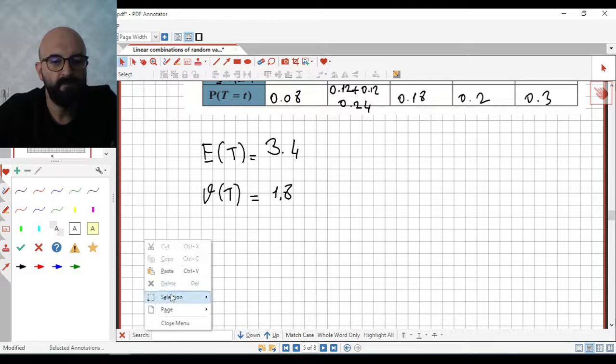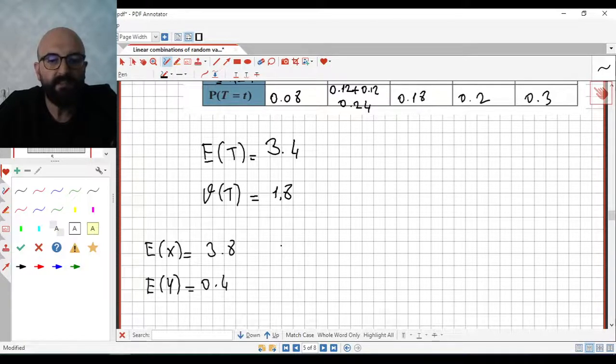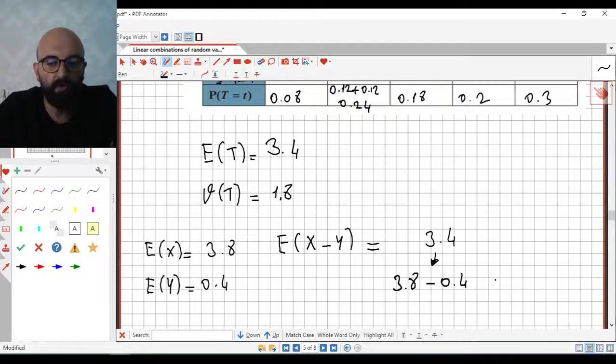Okay, and now the expected value of t, which means the expected value of x minus y, means 3.4, and 3.4 means 3.8 minus 0.4.